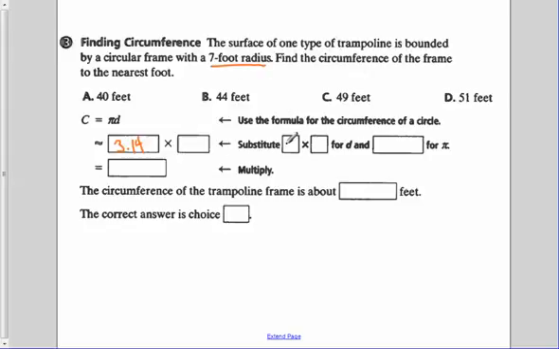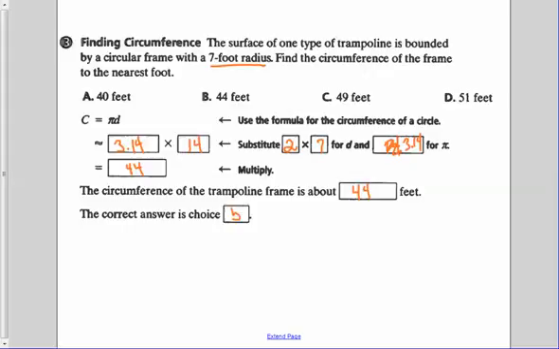We need to substitute 2 times 7 for d, because that's our radius, so we have 14. Then I multiply and say that it is about 44 feet. So our correct answer choice would be B.